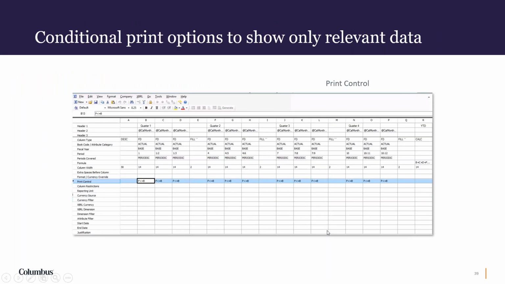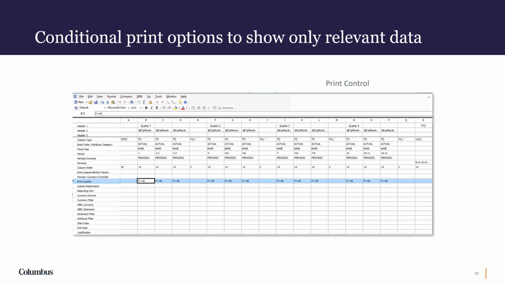All right, so this is using conditional print options on a column level. I showed you how you could do conditional printing for individual rows by using that XD command, or in the print control and the row definition. This is on a column level. So what this allows you to do is only have columns print based on a time frame.